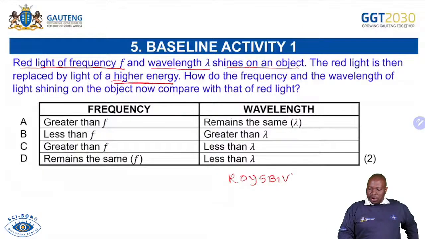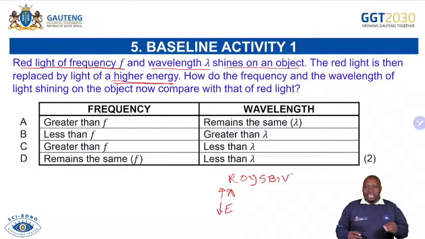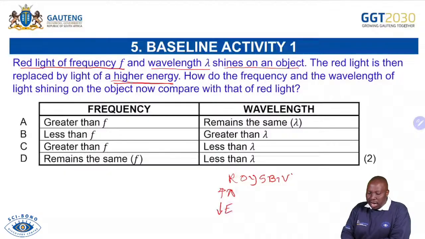When the red light has the highest wavelength, it means it has the lowest energy. So it's important that you know the relationship between frequency and wavelength. If red light has the highest wavelength of all these 7 colors, it means red light has the lowest frequency, because frequency is inversely proportional to wavelength.